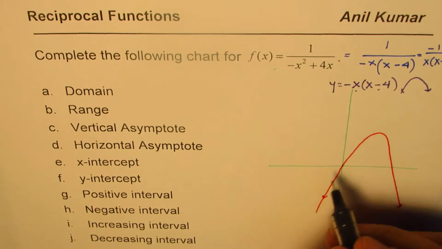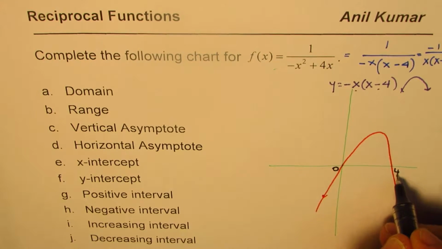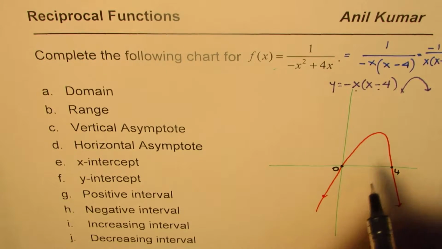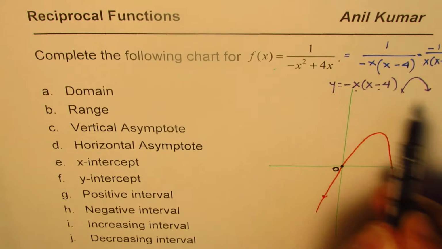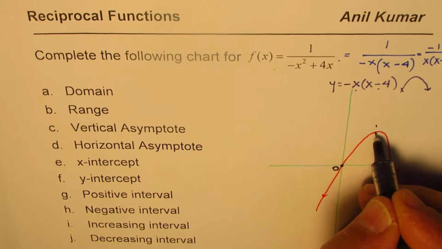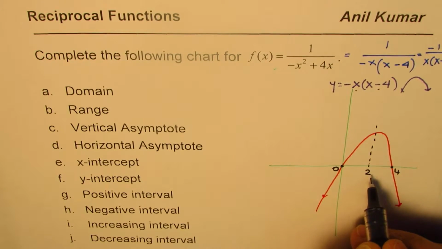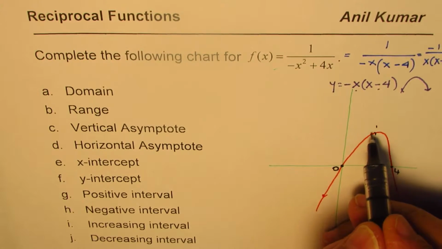Okay, now here there are two zeros. One is at 0, the other one is at number 4, right? So these are the two zeros for us. This is for the denominator part only. And as far as the vertex is concerned, let's say this is the vertex. It has to be at the midway too, right? So let's write down how much should be the value.